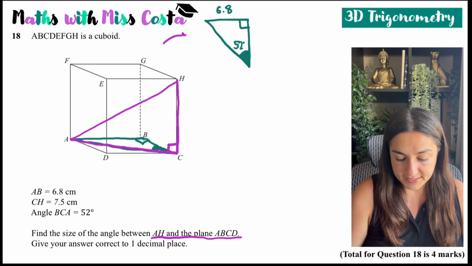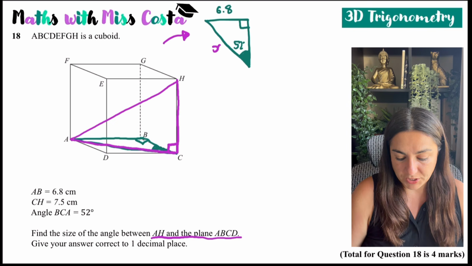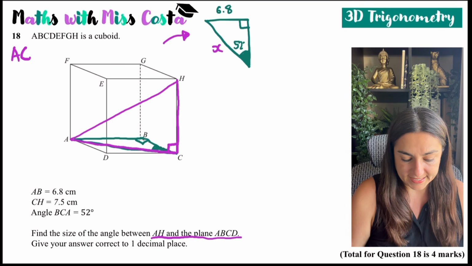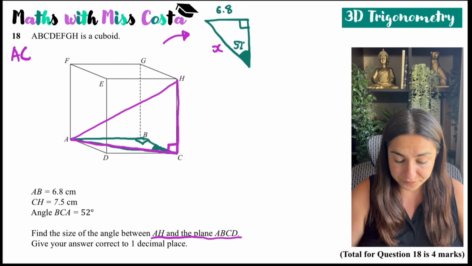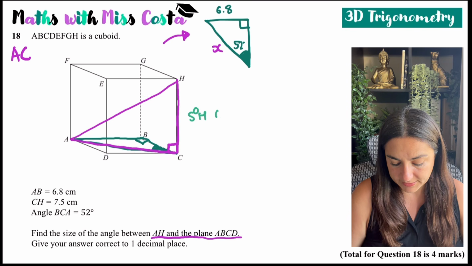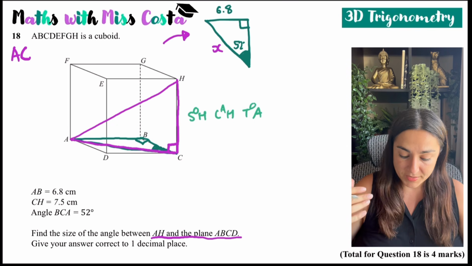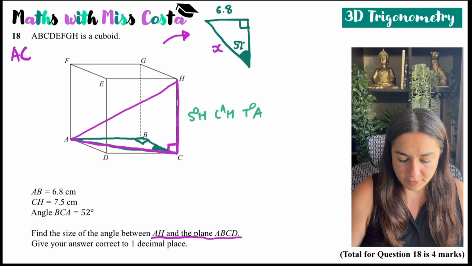So I've got this triangle to begin with, and if I work out what the hypotenuse is, that is going to be what AC is. So let's do it step by step. I know I'm going to use trigonometry. It's always helpful to write out SOHCAHTOA, even if you know it off by heart, just because there's so much going on, to reduce your working memory. So this is the angle I've been given.